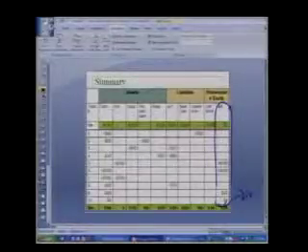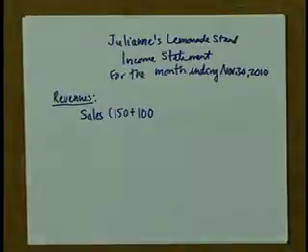Earlier on in the month, one for 150 and another one for 100. Okay, so I'm just pulling off those two amounts there. And I had also recorded some revenue on here.